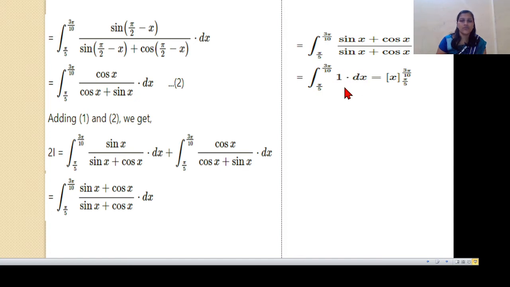So integration of 1 dx is x, and you have to apply the limits here. Then after applying upper limit value minus lower limit value, this step will appear, and after doing calculation on these two terms, the term that appears is pi by 10. So transferring this 2 to RHS, we get I is equal to pi by 20.